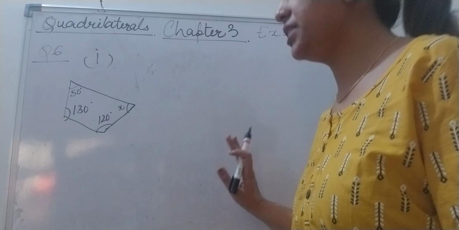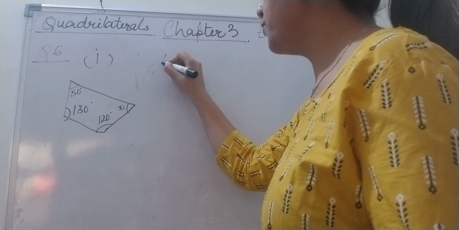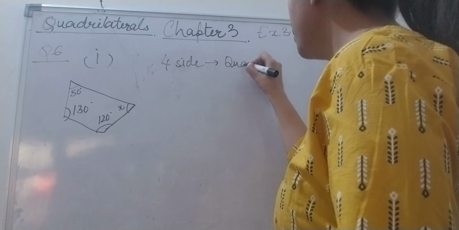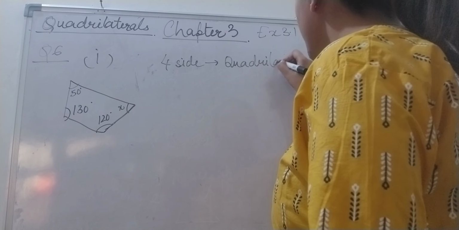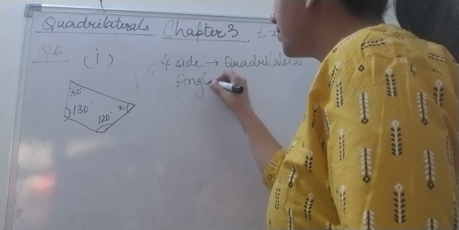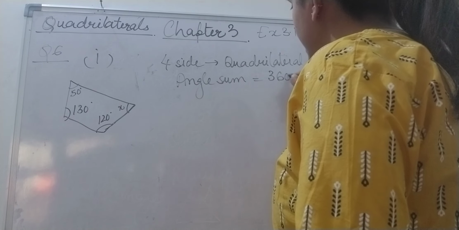Okay, question number 6, first part. This is a figure given. Now this is a 4-sided figure. 4 sides means a quadrilateral. Quadrilateral angle sum is 360 degrees.